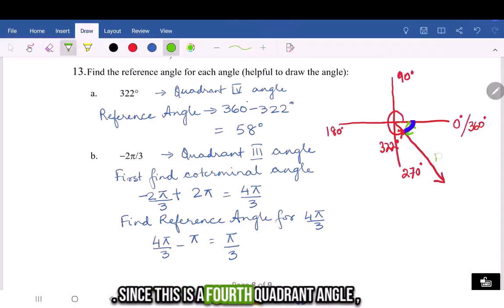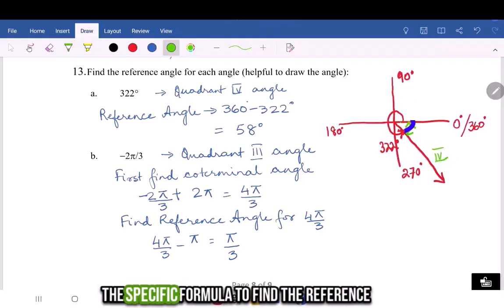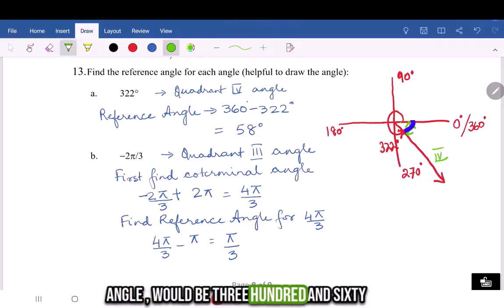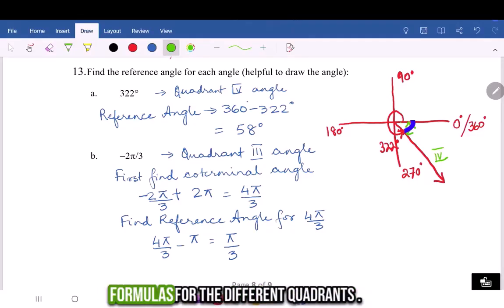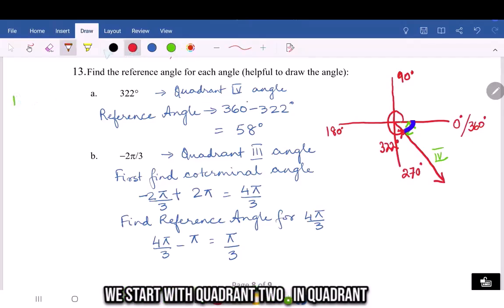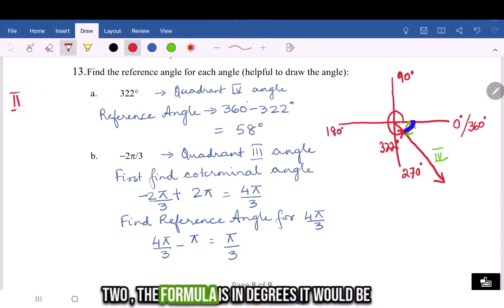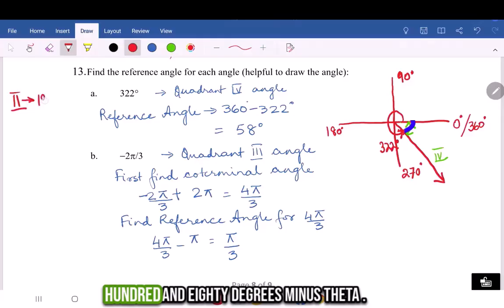Since this is a fourth quadrant angle, the specific formula to find the reference angle would be 360 degrees minus theta. I'm going to write on the side the different reference angle formulas for the different quadrants. We start with quadrant 2. In quadrant 2, the formula in degrees would be 180 degrees minus theta.